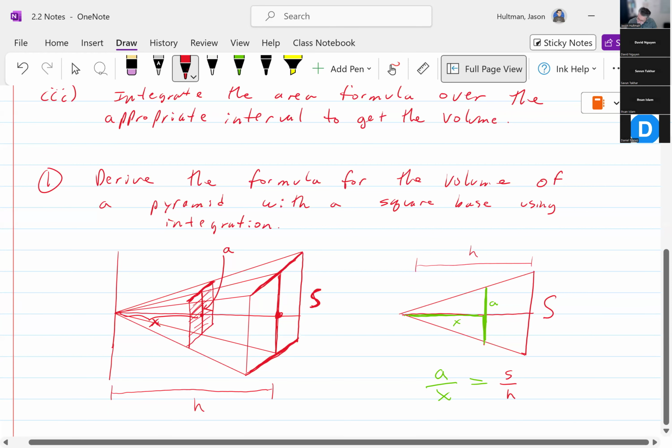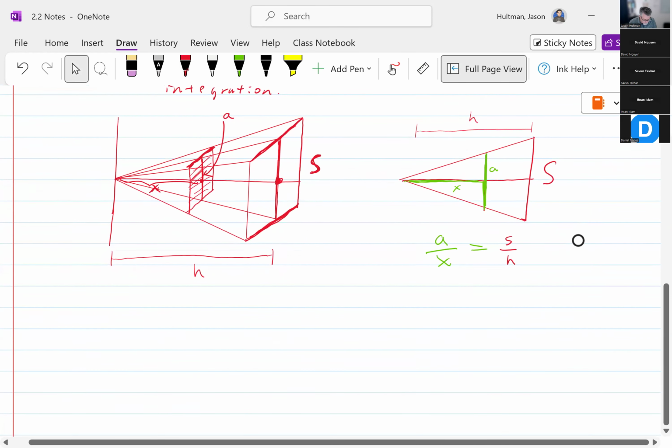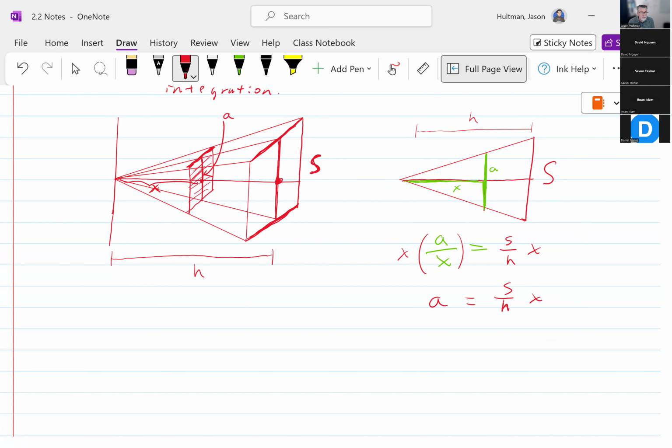Okay, so now what do we know? Well, we can solve for A. Let's multiply both sides by X, and we're going to get a function in terms of X. So every A that I could create inside any slice that takes on the value of A is just a formula, S over H times X. Oh, that's convenient.